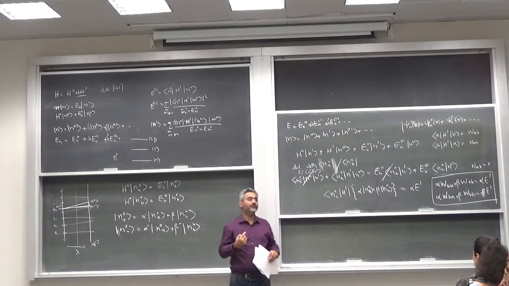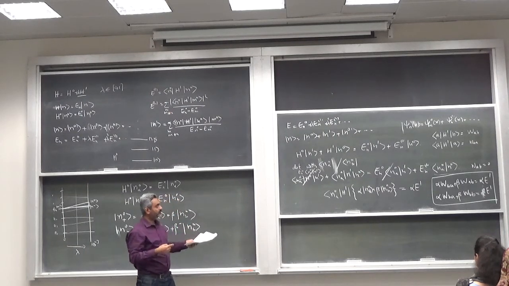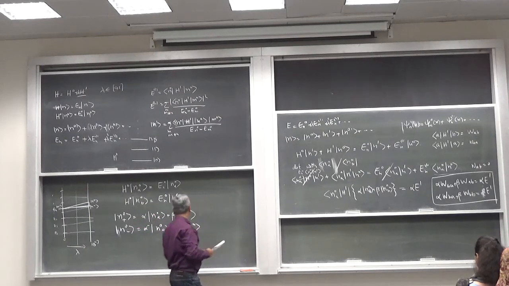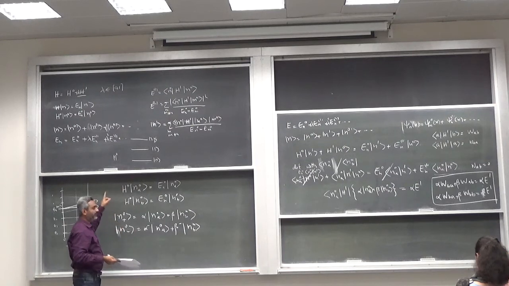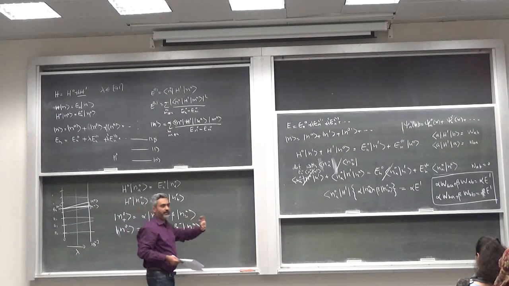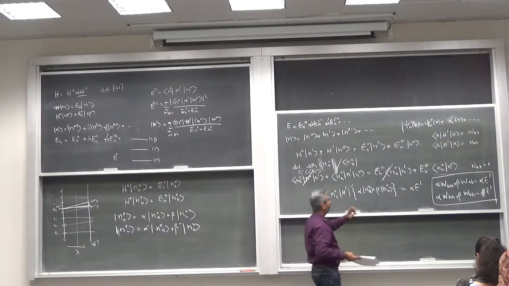So you don't have to actually go ahead and do all of this. If you can just guess somehow the two states that will diagonalize H1, then you can just calculate E1 directly.